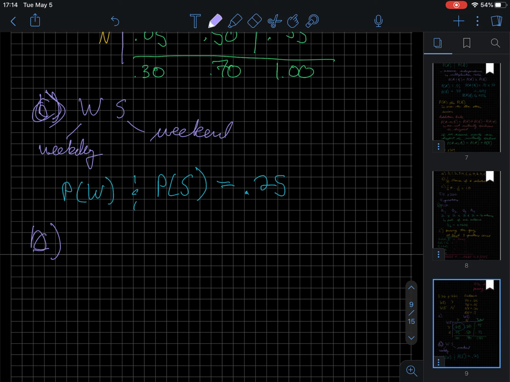So what would the probability of W be? All the ones where there's the weekend, there is 0.25, and also 0.1, equals a probability of 0.3. And the probability of S is equal to 0.25 plus 0.20, which is equal to 0.45.